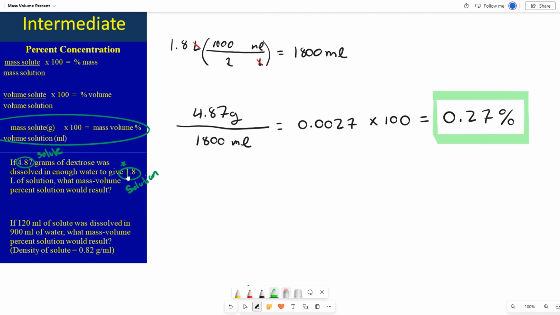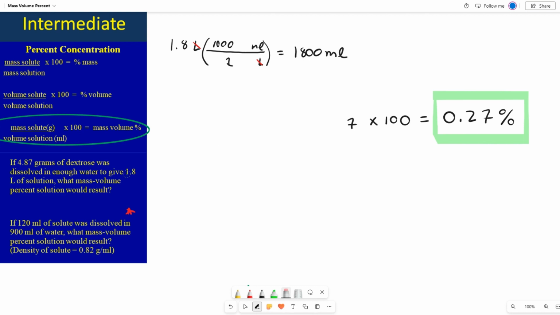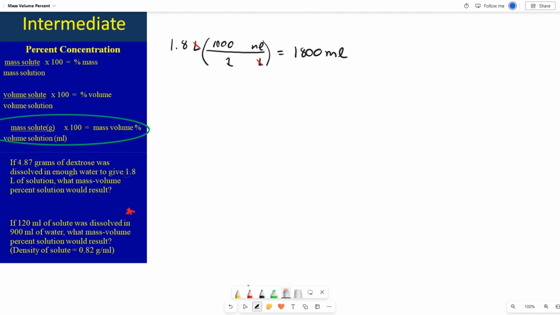Now for the second problem, it says if 120 milliliters of solute was dissolved in 900 milliliters of water, what mass volume percent solution would result? All right, so let's again take a look at the information that's given in the problem and identify our solute, solvent, and solution.